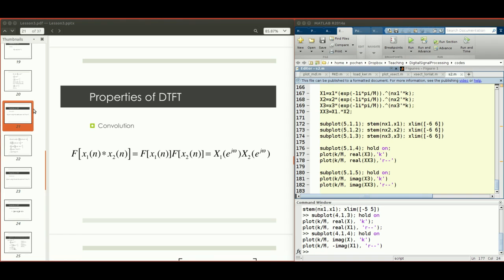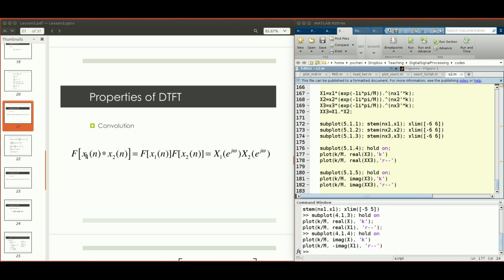Now let's look at probably the most important property of the Fourier transform, which is the convolution property. It tells you that the Fourier transform of the convolution of two signals equals the Fourier transform of the first signal, big X1, multiplied by the Fourier transform of the second signal, big X2.